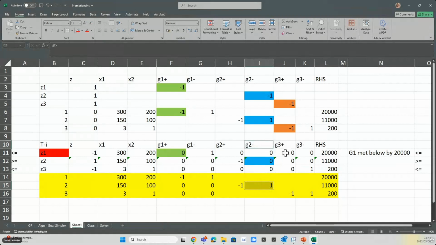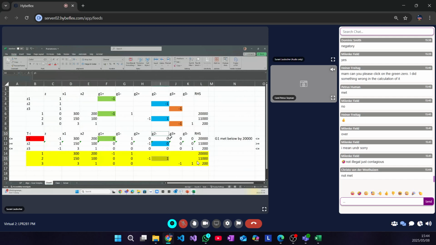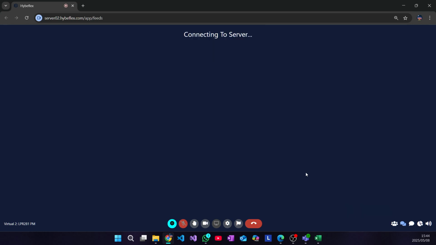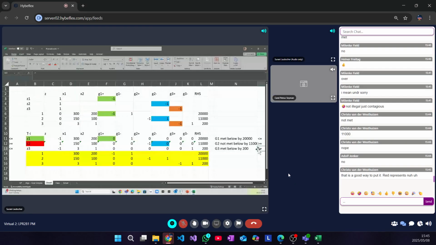By how much for the online students? Met? It needs to be below, right?